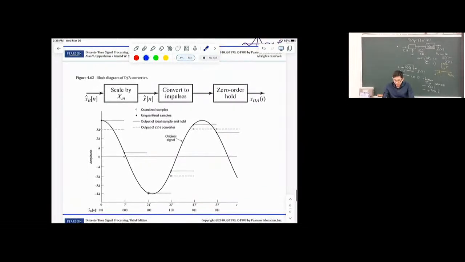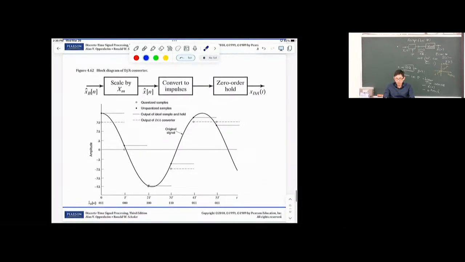So the first step, the D to A conversion, is pretty similar to sample and hold. It's called zeroth order hold, and it's best explained by this figure.